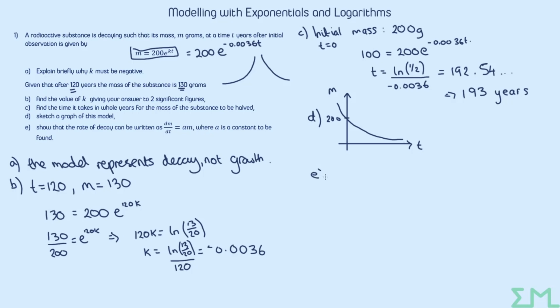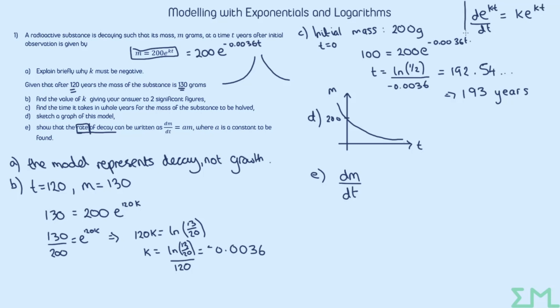All right, last part, E. Show that the rate of decay, now this is an important word, rate. This means we're doing differentiation. Can be written as dm/dt equals am, where a is a constant to be found. Okay, well, let's jump in and work out what dm/dt is. So this is using our result that when you differentiate e to the kt, if I do d by dt of that, we get k e to the kt.